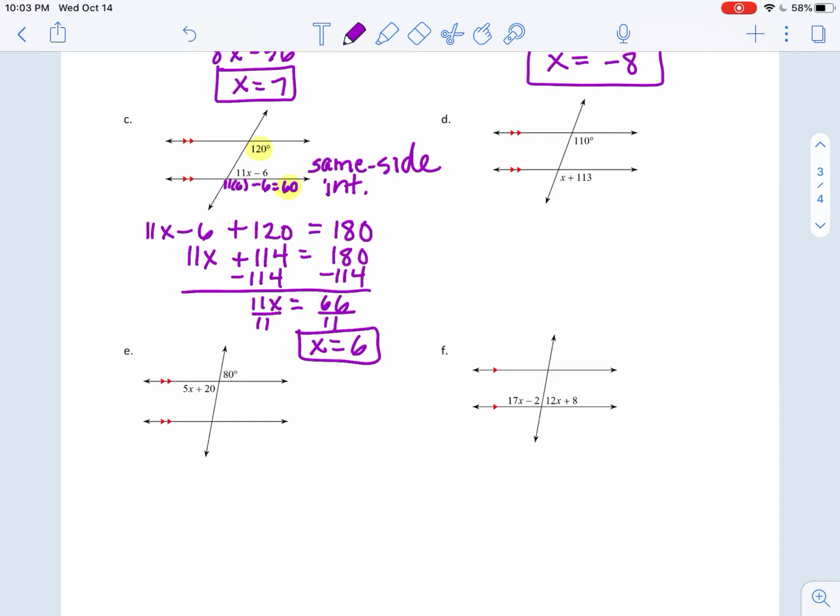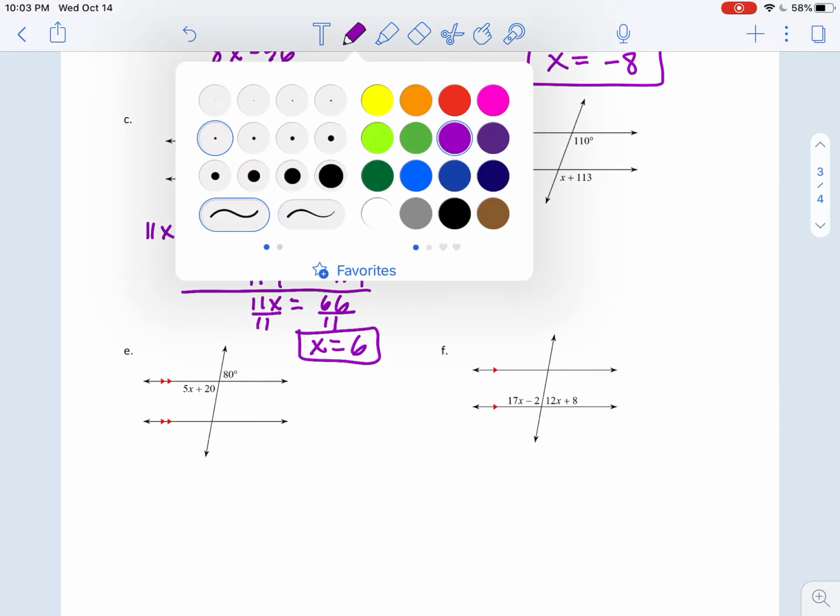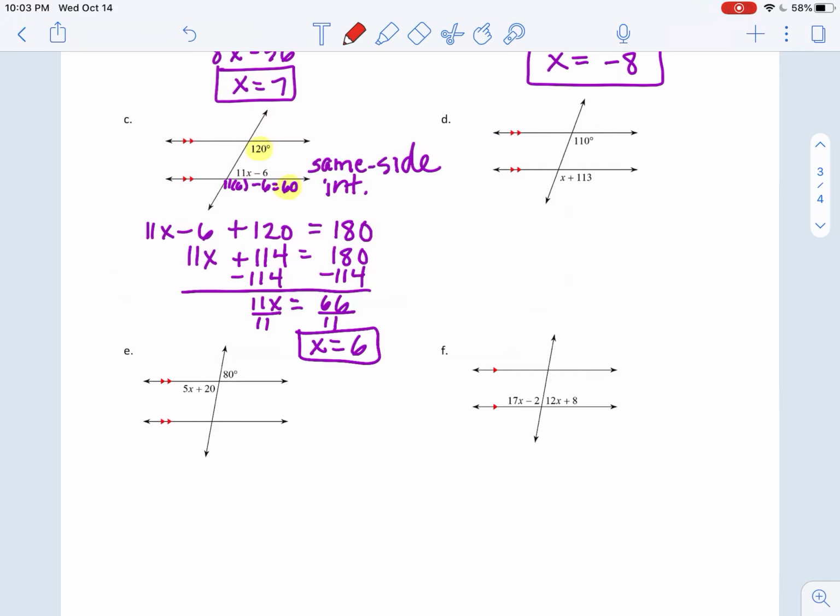Now, I think I mentioned this on Monday or maybe in a prior video where I said you shouldn't go by what a picture looks like. But if you actually look at that 120 and the 11x minus 6, look at the 120. That's clearly obtuse. Also, you know it measures 120, so of course it's obtuse. If you look at the 11x minus 6, this angle is less than 90 degrees.